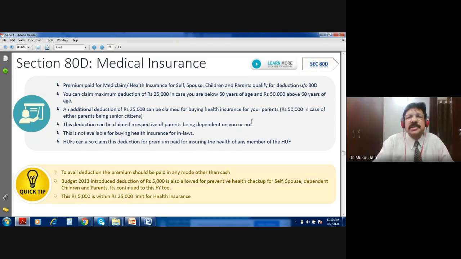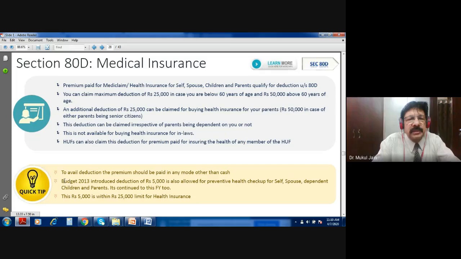So it is not necessary that parents should be dependent. You can still pay premium for them and you will get the deduction. But this is not available for buying health insurance for in-laws. In-laws is not covered. HUFs can also claim this deduction for premium paid for ensuring the health of any member of the HUF.